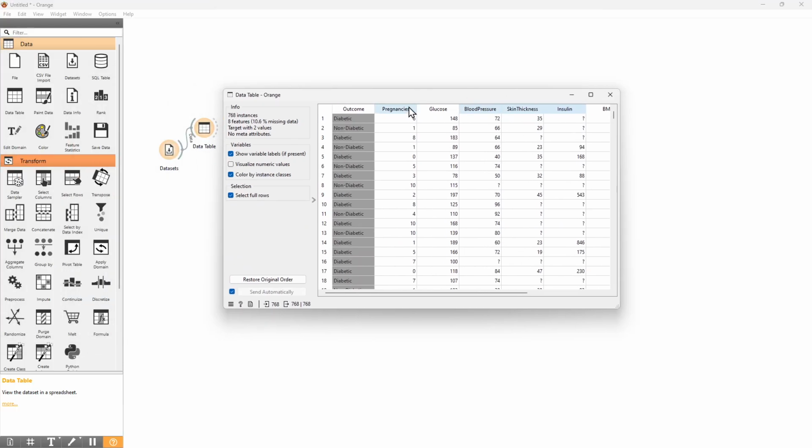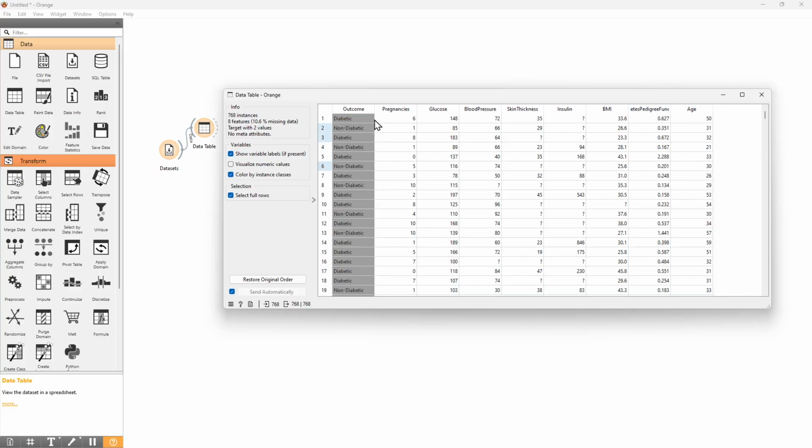You see the first column there is called outcome, and that's showing diabetic or non-diabetic values. That's the outcome variable, the output variable, the target variable. There are different measurements taken from these people, and each row is a person. Pregnancies, glucose, blood pressure, skin thickness, insulin, BMI, diabetes pedigree function, and the age of the person are the measurements taken.